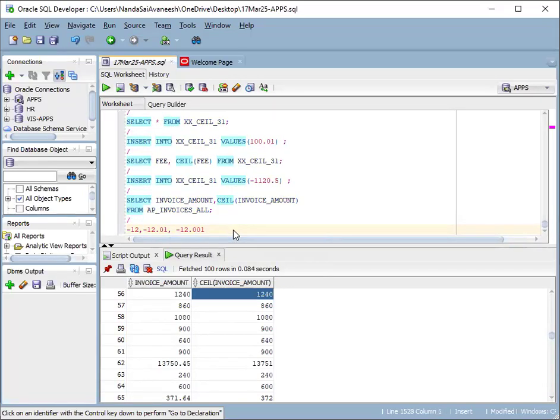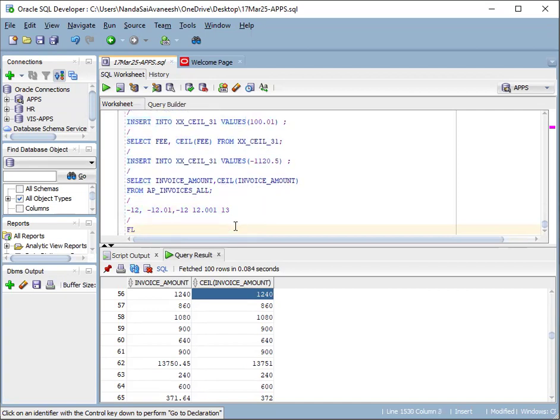When you use the ceil function, minus 12 will be the same only, but minus 12.01 will become minus 12 only. Same way minus 12.001 also will become minus 12 only. If it is a positive value, then 12.001 will become 13.